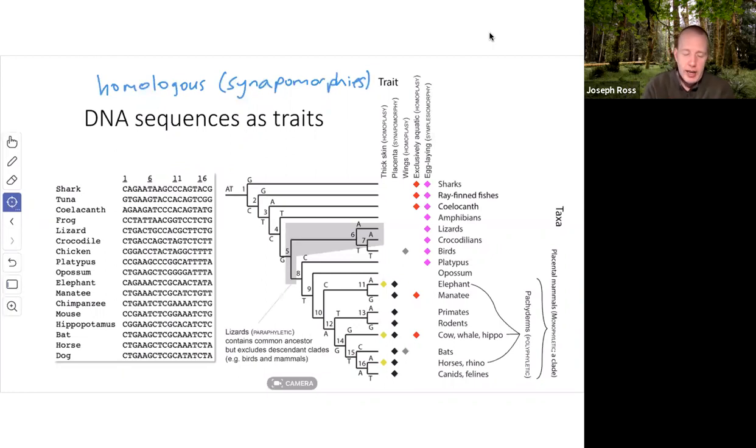After we select the sequences to use from different species, we align them relative to each other, sliding the sequences back and forth to make sure that individual nucleotides in those sequences are homologous.